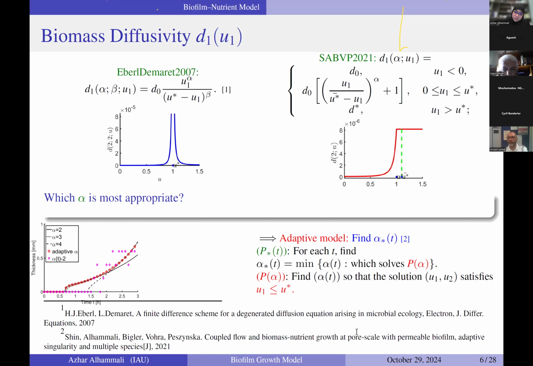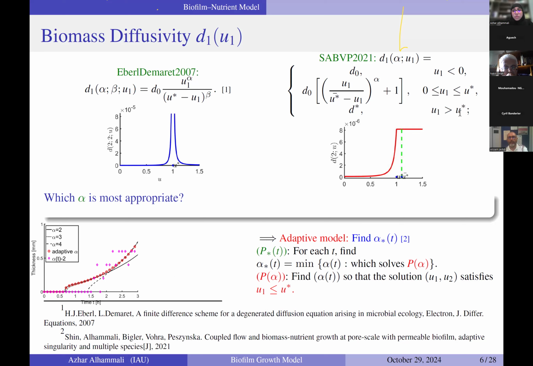Yes, here. What about this zero when we have U star equal U1? Okay, U star is the maximum density.